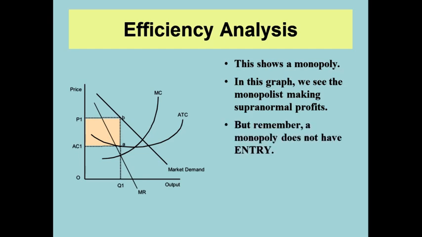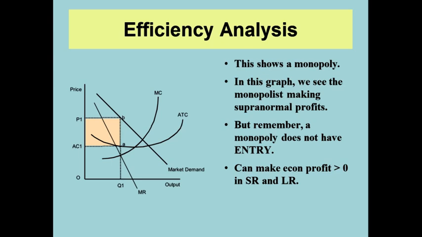monopolies don't have entry like in perfect competition, right? One of our assumptions in the model of monopoly is high barriers to entry. So if there are very high or strong barriers to entry, that means when you're making supernormal profits, others can't enter, right? So what that means is a monopolist can make economic profits that are greater than zero, in other words, supernormal profits, in the short run and the long run.